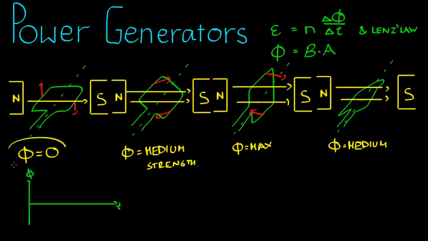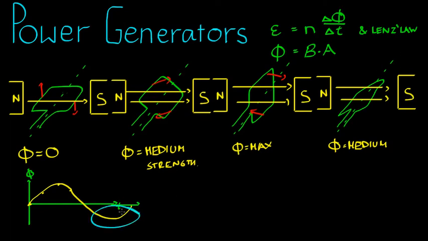So we said the flux was 0 here, medium here, max here, and medium here again. And if we extrapolate this line, we see it is sinusoidal. Or is that sinusoidal? It's spelled funny. And it actually looks like that.